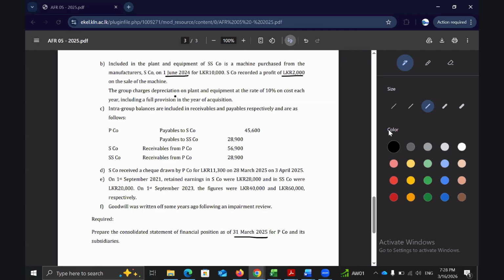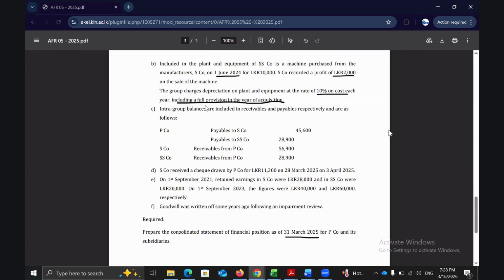The group charges depreciation on plant and equipment at a rate of 10% on the cost each year, including the full provision in the year of acquisition, which means for the year of acquisition, without considering the date, you charge for the whole year. Ignoring the date of purchase, you charge a full provision for the depreciation for the whole year.